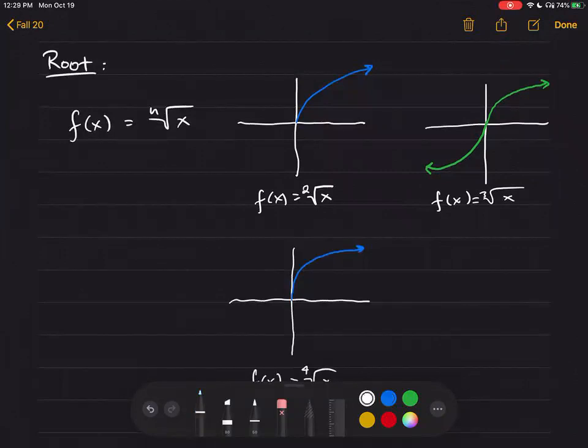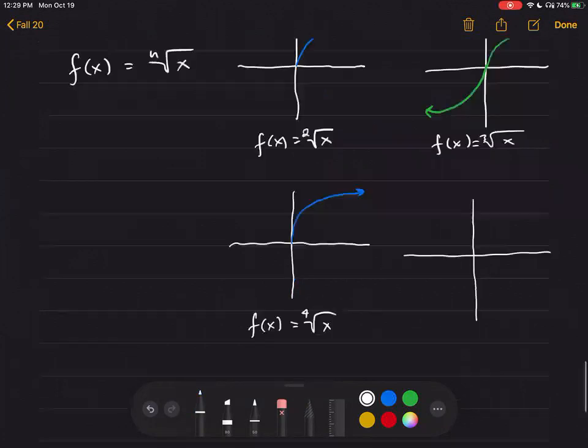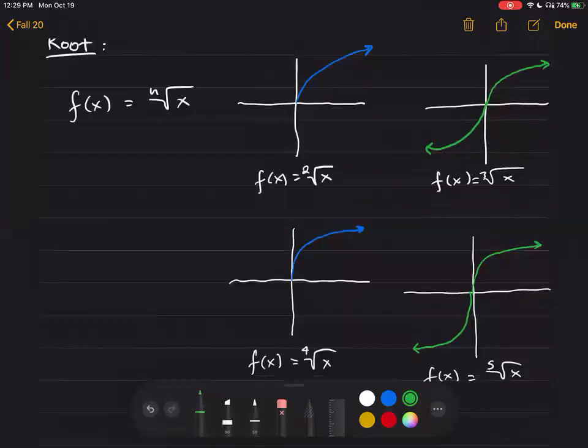And then if we look at f of x equals the fifth root of x, you can probably guess by now what I'm going to draw. It's going to be something a little more boxed on this side and something a little more boxed on this side. Cool. So yeah, this kind of follows the same pattern as power functions in terms of what the root is. All right.